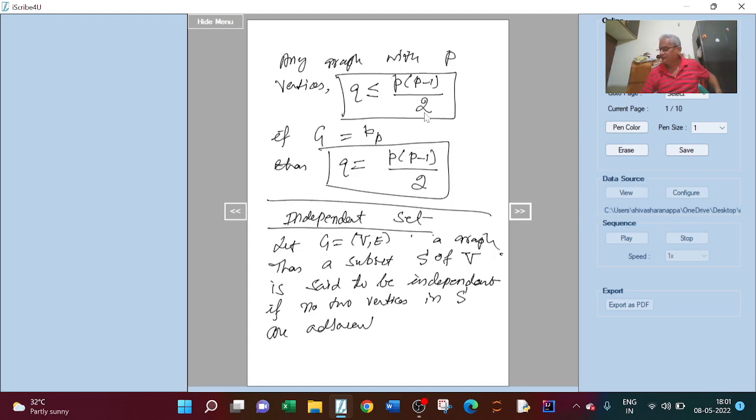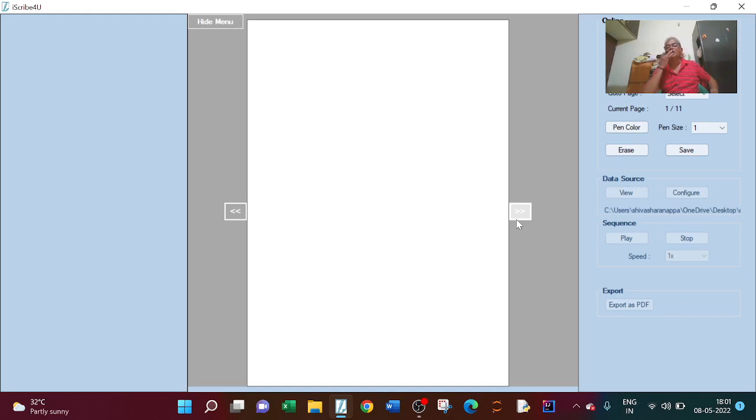Okay. So we take S as a subset of the vertex set. If no two vertices in S are adjacent, then we say that this set is an independent set. I will go to an example to explain this concept.